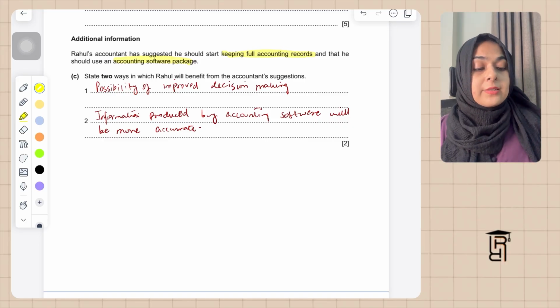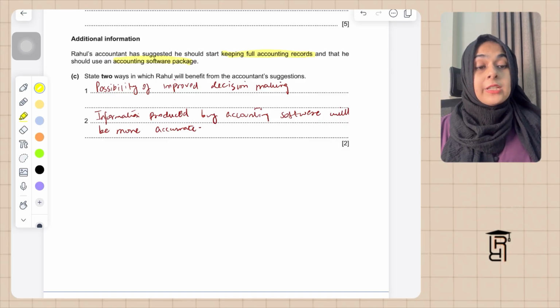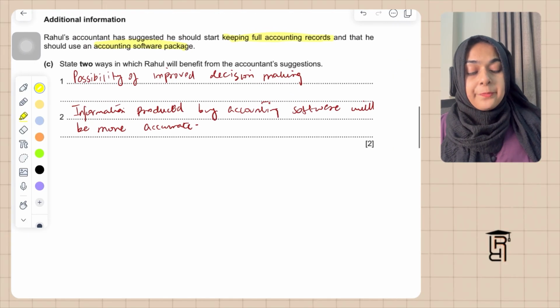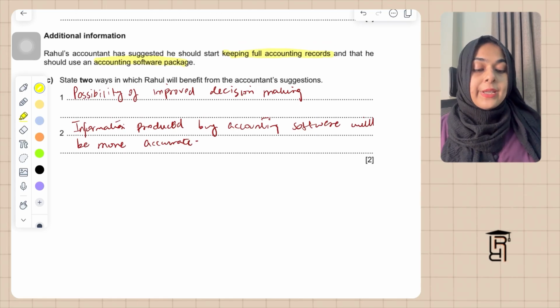But there are certain accountants these days who are still using manual accounting, which is not logical. Since we have an accounting software package, everybody needs to adapt to the new technology that is available.